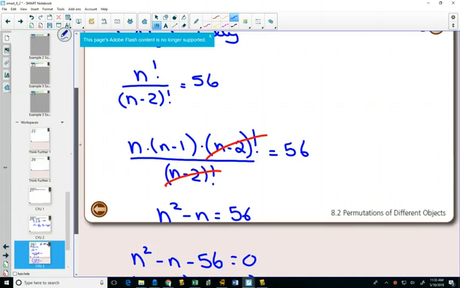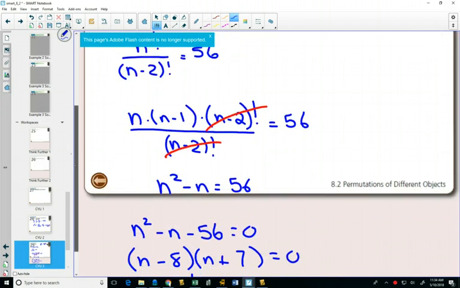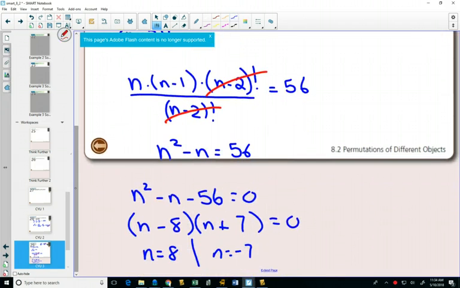If I plug in 8, 8 factorial is fine. 8 minus 2 factorial is fine. 8 is okay. But if I plug in negative 7, I'll have a negative factorial, which doesn't make sense, and so we have to cancel that one out. And the only answer is n equals 8. So this is how you would solve this algebraically.